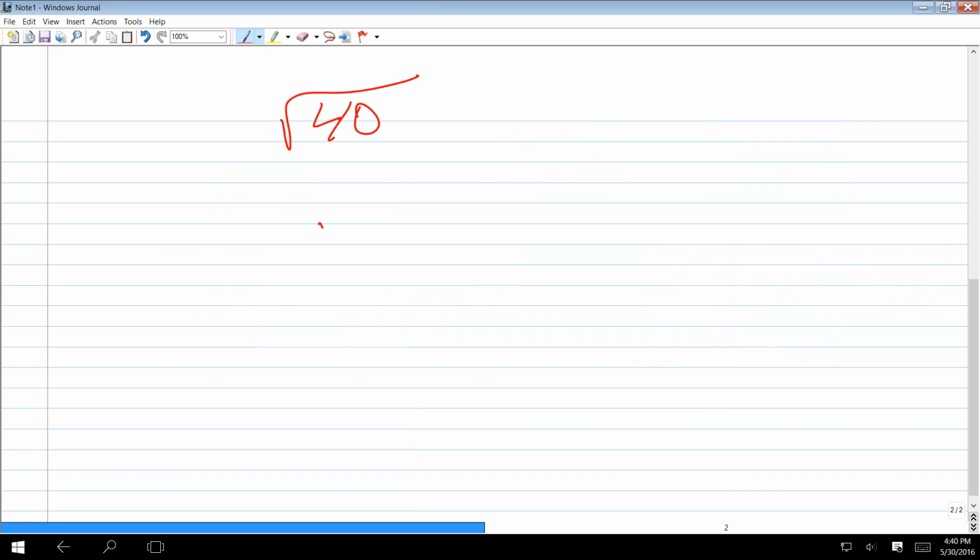This is based on the principle that the square root of a times b is the square root of a times the square root of b. Okay? So think of 40 as being the product of two numbers. Well, how about square root of 4 times square root of 10?